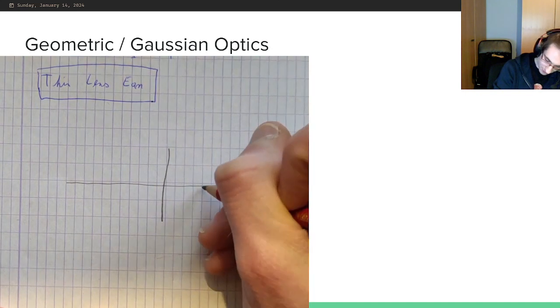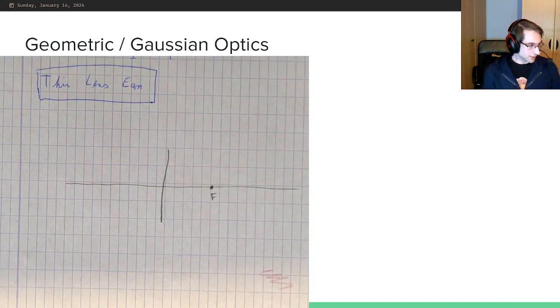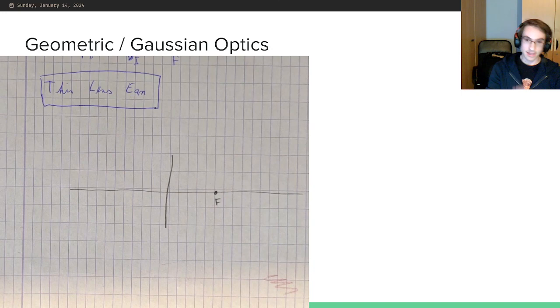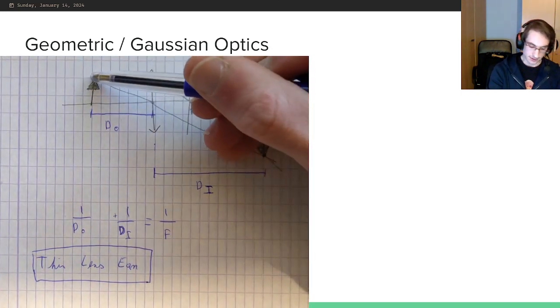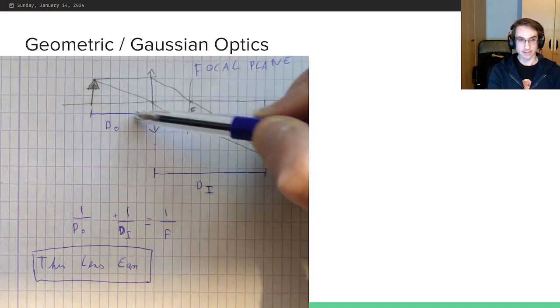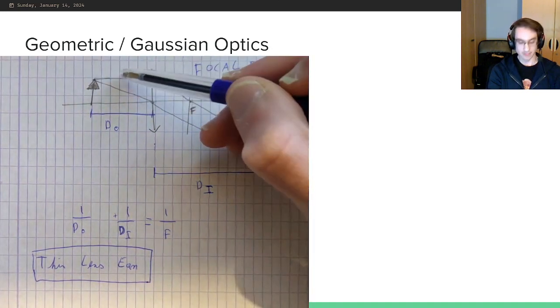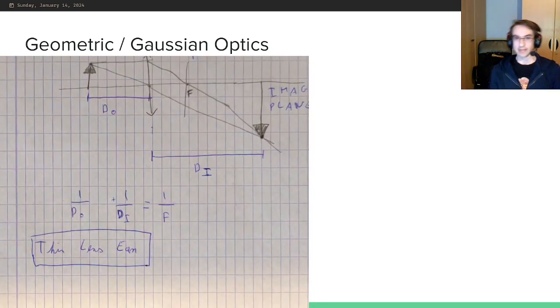And we're going to have a focal point, as usual. And now for astronomy, our things are infinitely far away. And that means that unlike in this image, where these light rays that exit this point are diverging, this point emits light rays in all directions. And stars also emit light in all directions.